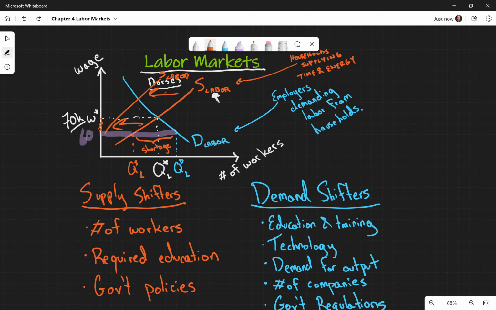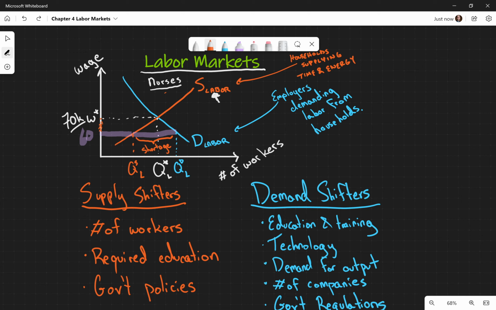And lastly would be some sort of government policies, a policy that makes it either easier or more difficult. If they make it easier, then the supply is going to shift out. If they make it more difficult on you, this is mostly liability stuff.